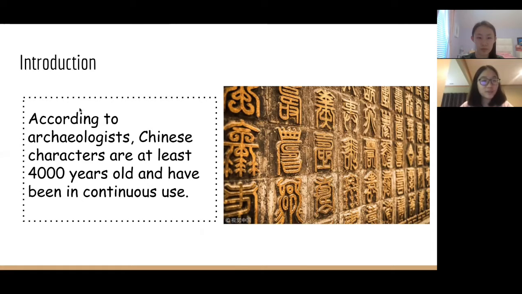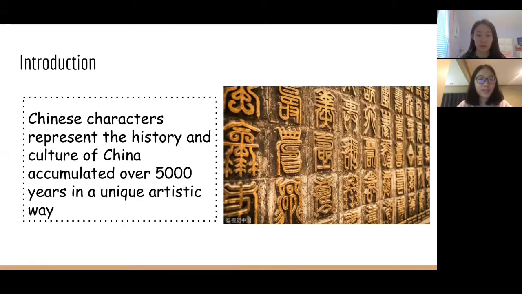According to the archaeologists, Chinese characters are at least 4,000 years old and have been in continuous use. By contrast, English characters have been used for just 1,400 years. And Chinese characters represent the history and culture of China, accumulated over 5,000 years in a unique artistic way.